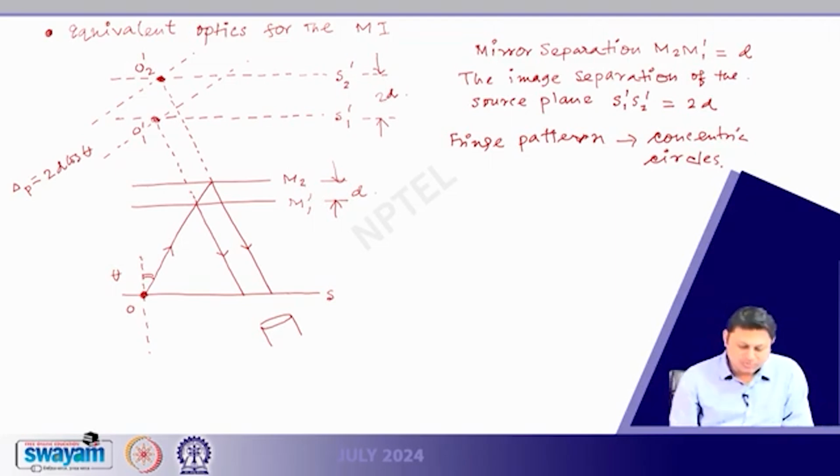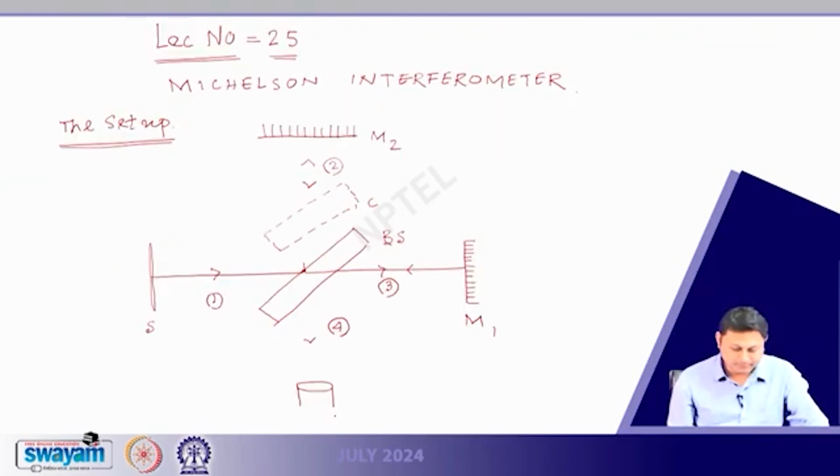Now, we need to check in detail the net optical path difference. This is the path difference we have, but if you look carefully in the previous figure, the beam splitter, okay, so that the lines are removed somehow.